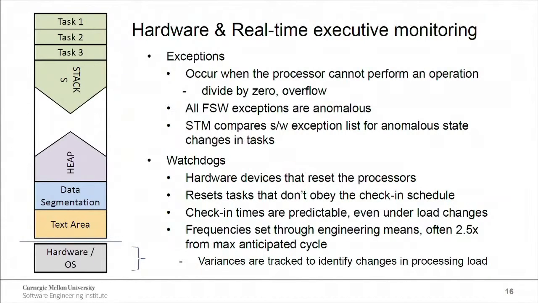Although it has to have a hard boundary at 2, 2.5, 1.5, it might always check in at that one duty cycle or 1.2 duty cycles. If I'm seeing changes or deltas in that over time, that's also an indication of potentially anomalous behavior. And certainly if I see it checking in less than 1 duty cycle, I definitely have anomalous behavior where I want to check in and understand that even more.